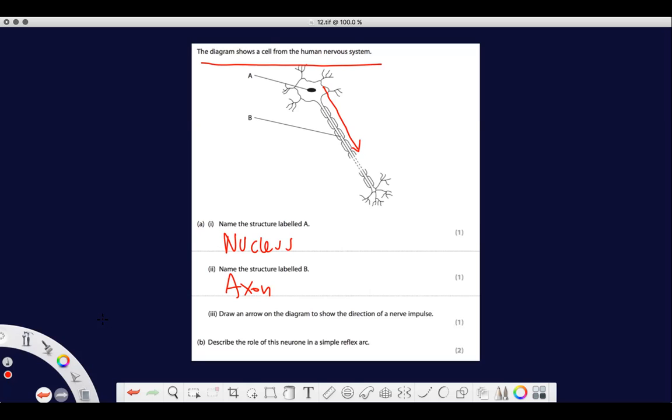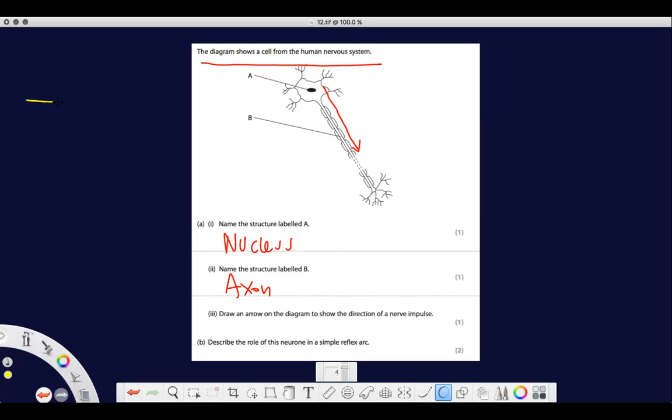Which type of neuron is this? So the sensory neuron is this.